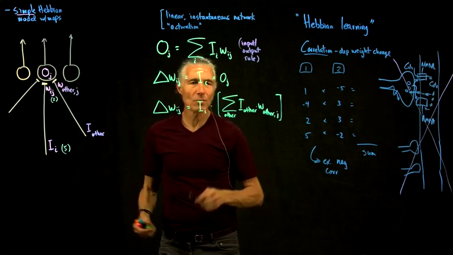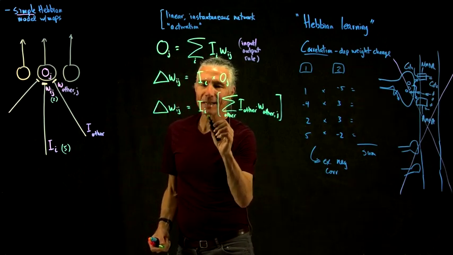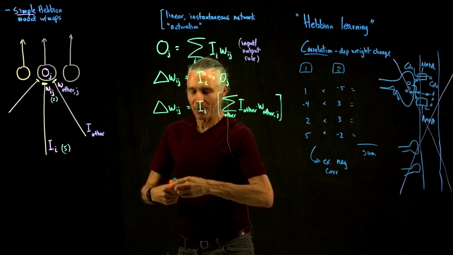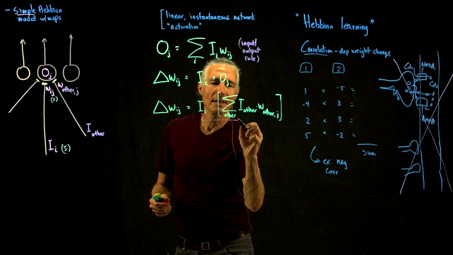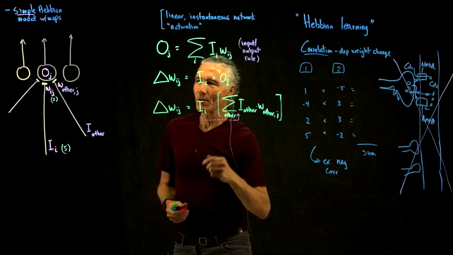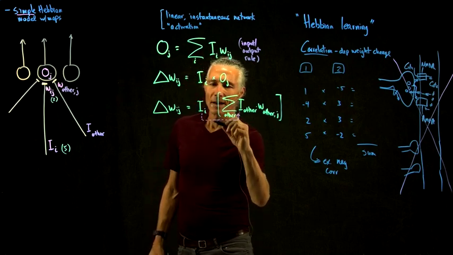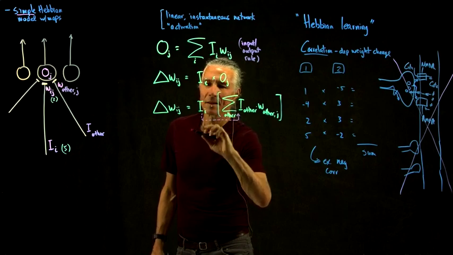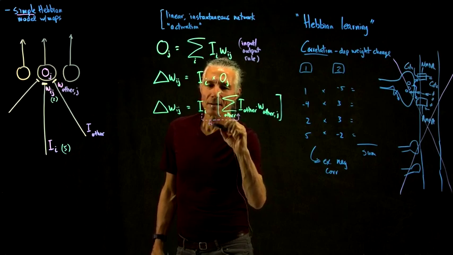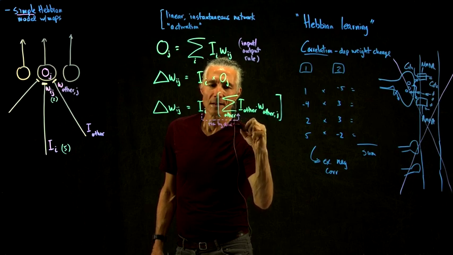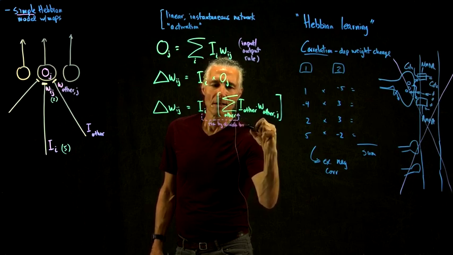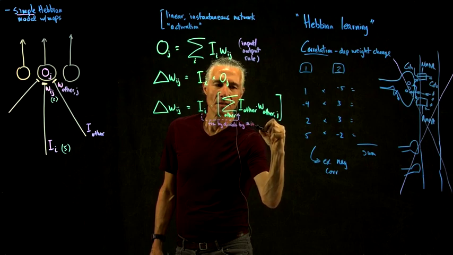And so to make that clearer, we could move this guy in. If I move it in there, I also have to fix it by dividing by the number of inputs.